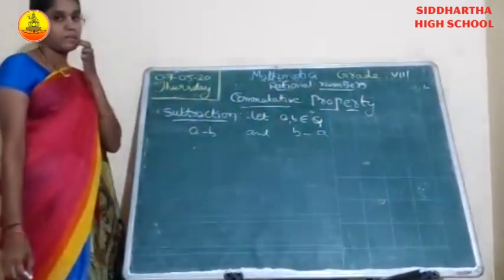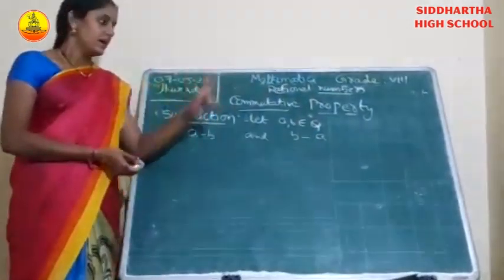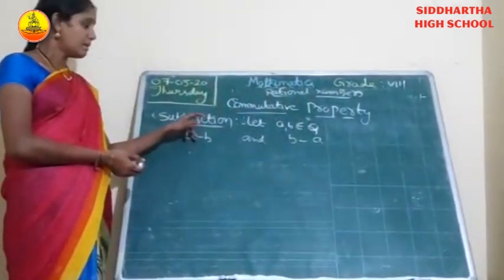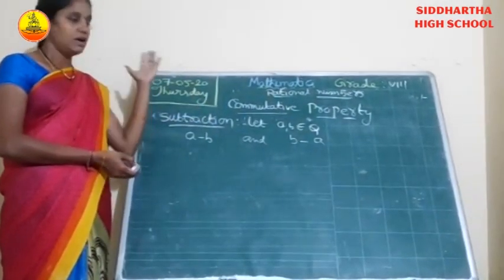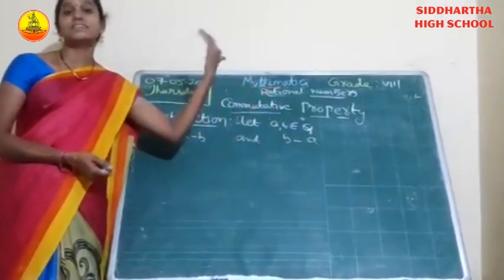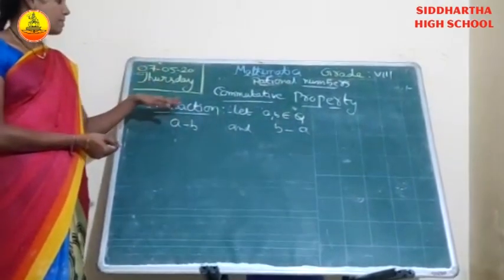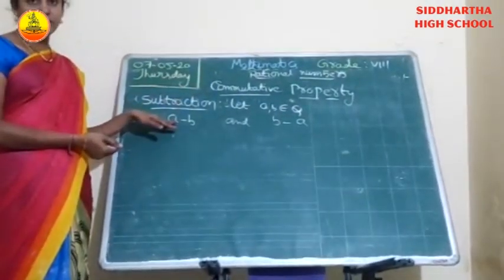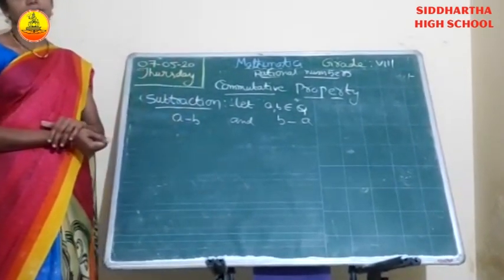That means the order is different. In the place of plus we wrote minus, because this is subtraction. Now you do first A minus B, next B minus A. Both the answers are same or not, we have to check. If both are the same, commutative property satisfies under subtraction. If not, it does not satisfy under subtraction.